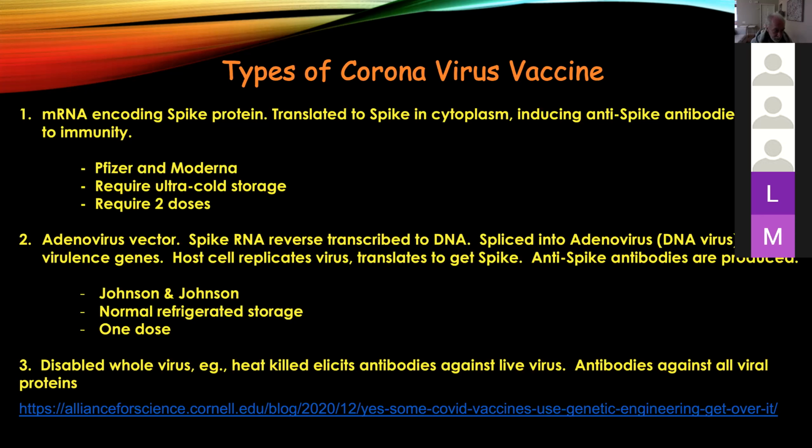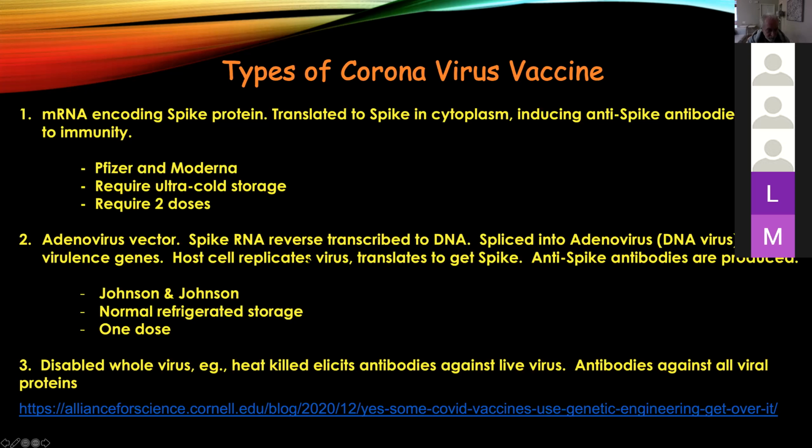The second type is in a virus vector, and the virus of choice is called adenovirus. It's a DNA virus, and so the spike RNA has to be reverse transcribed to DNA and spliced into the adenovirus genome. It's a disabled form of adenovirus, so it can't cause disease. And then when the host cell replicates the virus, it translates to get spike, and spike induces antibodies.